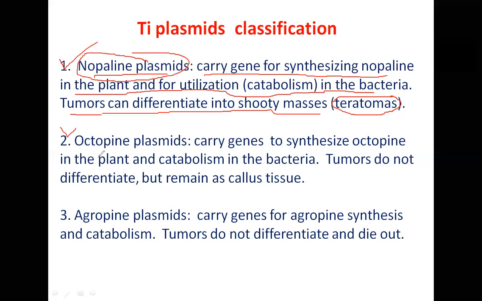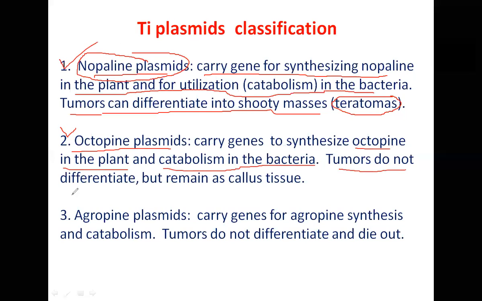Second is octopine plasmid. So it is clear now that this particular TI plasmid will carry the gene for the synthesis of the amino acid octopine in the plant cell, and its catabolism, its utilization, in the bacteria. Characteristically here, tumors do not differentiate.